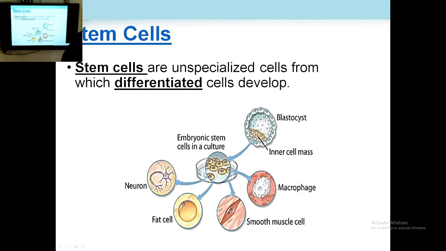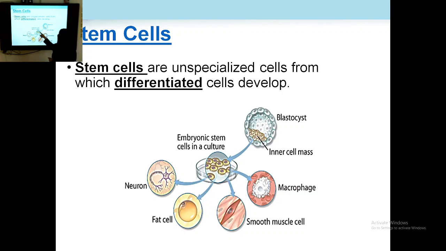An example of cells that will differentiate into many cells is the stem cell. Stem cells are unspecialized cells from which the differentiated cells develop. So the stem cell is like a mother cell for all of the other cells. As you can see here, this is an embryonic stem cell, by the way.